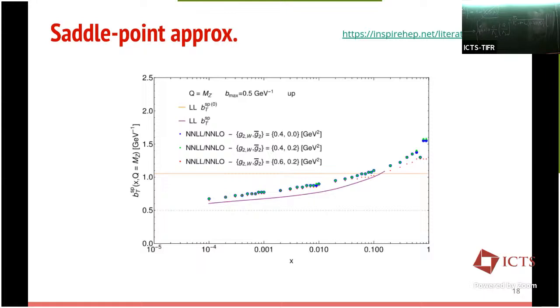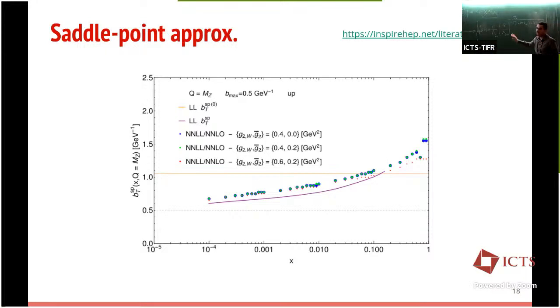So this is the x saddle point plane. You have b_T saddle point, this quantity here, as a function of x, the collinear momentum fraction, and Q. In particular, we are working at the value of Q given by the Z-boson mass, so 91 GeV, so pretty high Q. The orange line is x independent, and it corresponds to the solution of the saddle point equation without the x function.